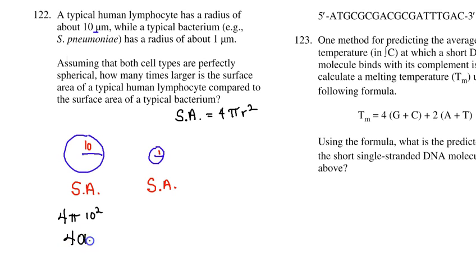That's 400 pi. I could put that number in, but I know it's 400 of these units if you want to think of it that way. And the next one is 4 pi, and of course in this case the radius is 1, so 1 squared is 1, times pi times 4 is going to be 4 pi.